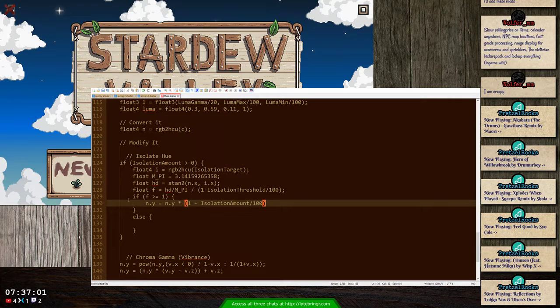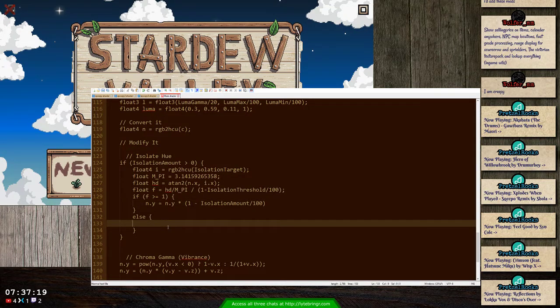So when isolation is 0, it does nothing. When it's greater, it multiplies it by a number smaller than 1, which makes this smaller. And it's the complete isolation amount. Down here, it will be some fraction of the isolation amount. Which fraction?